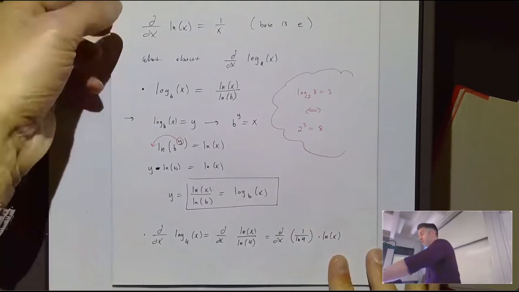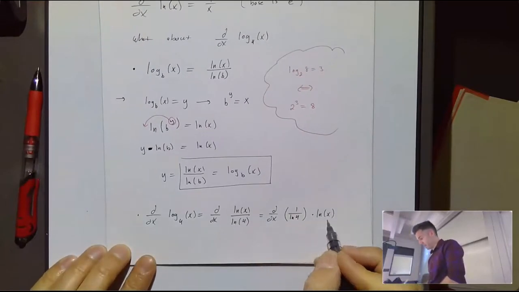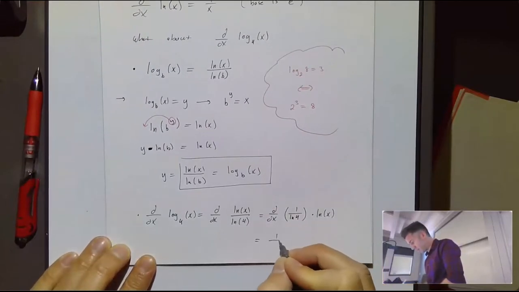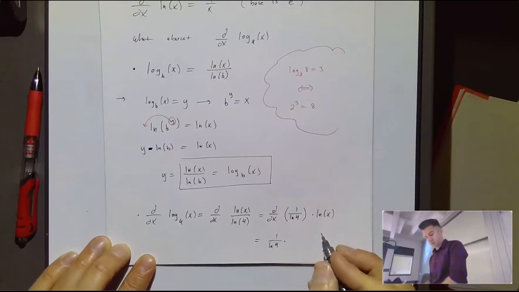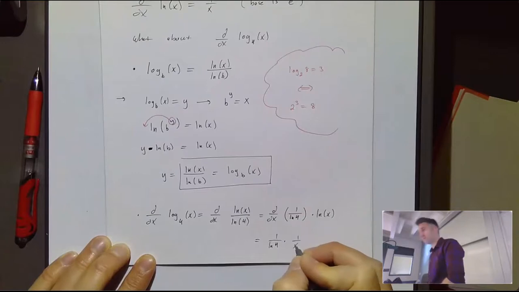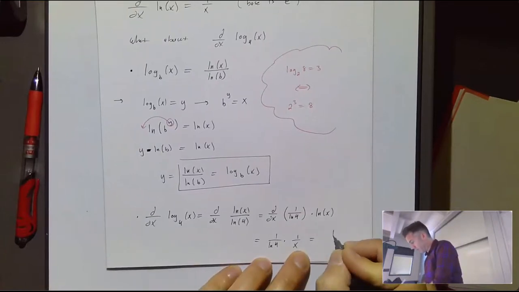And when you have constant multiples, they just hang out. So the derivative of a constant times this is just the constant times the derivative of the natural log of x, which is 1 over x. And the way we typically write this is 1 over x natural log of 4.